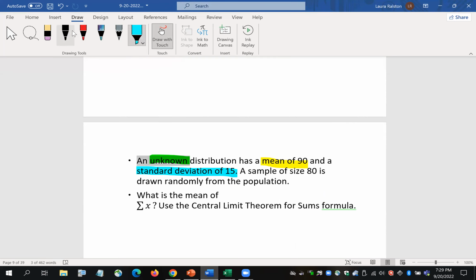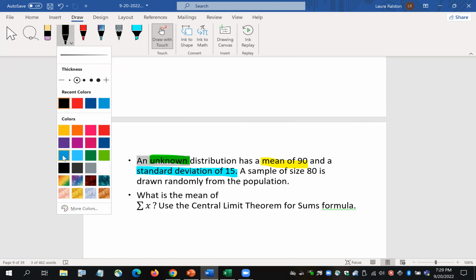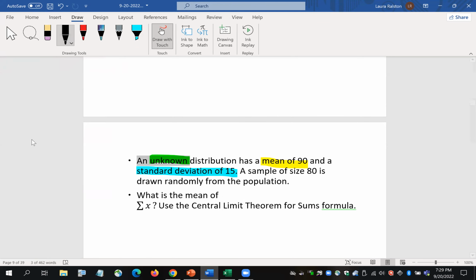A sample of size 80 is drawn randomly from the population. So again, it tells me that I'm going to draw a sample of size 80. So again, I realize that I'm going to be dealing with a group as opposed to an individual, which lets me know that I need to apply the central limit theorem.